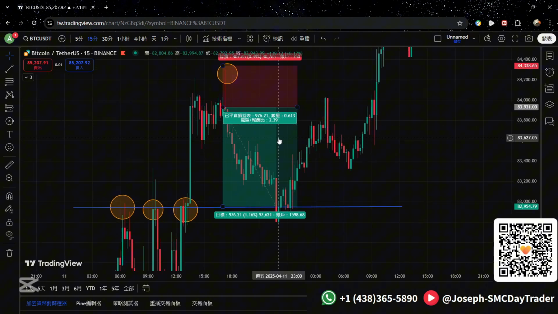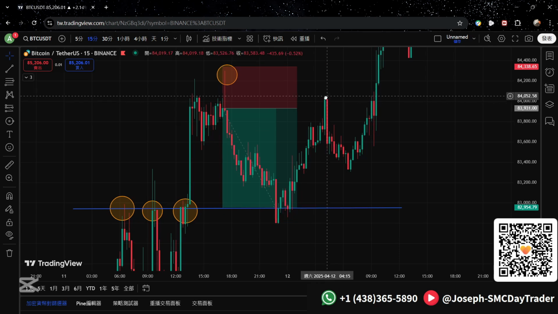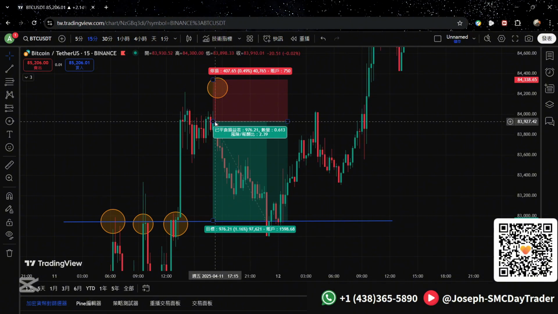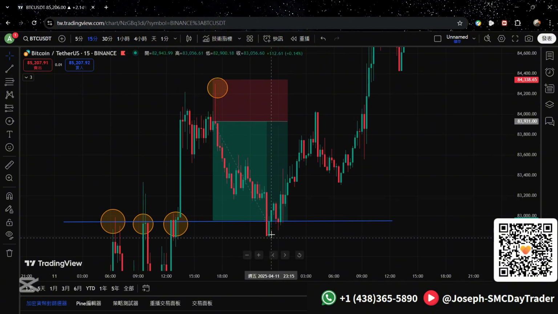Before we enter, we'll always check the risk and the profit. We have to know that not every trade works, and there's no strategy that works 100% of the time. What we can do is make sure that every time we enter the market, the profit is larger than the risk.